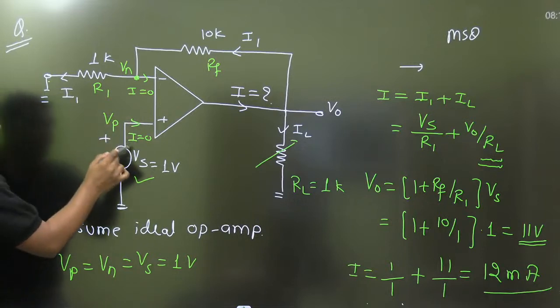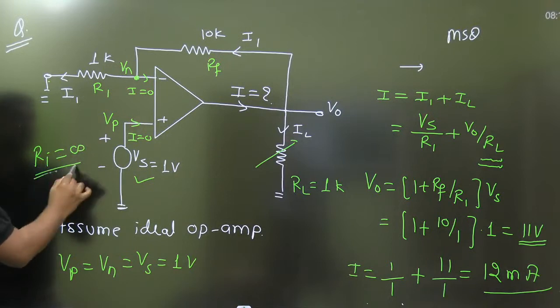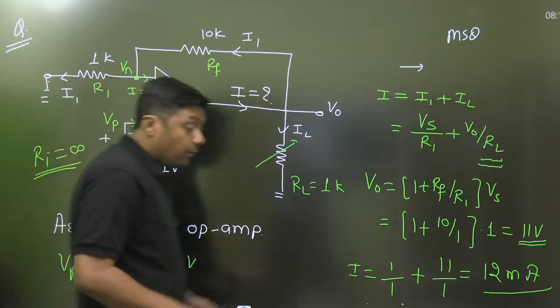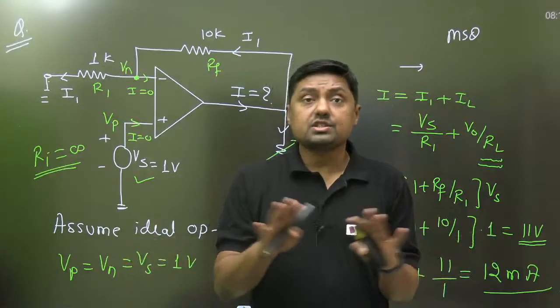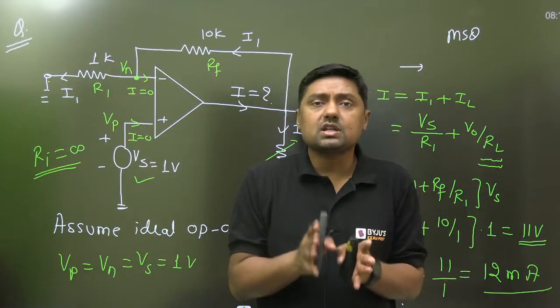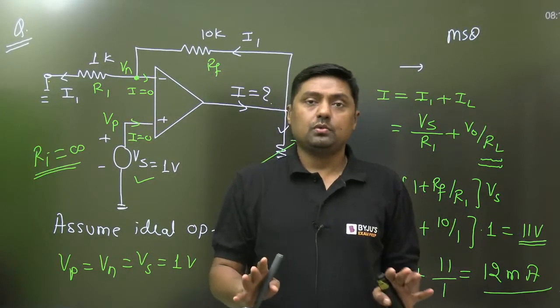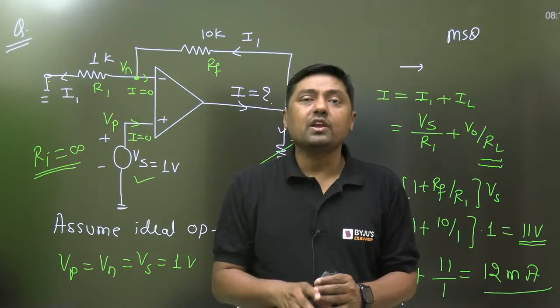So what is the input resistance seen by the Vs? Ideally it is infinite, because the current given by this Vs is 0. We are changing the value of load, but the current given by the Vs will remain 0. No loading effect. That is called no loading effect.